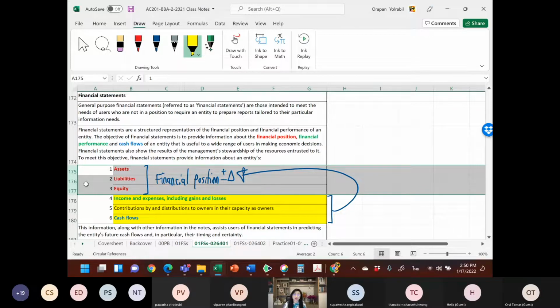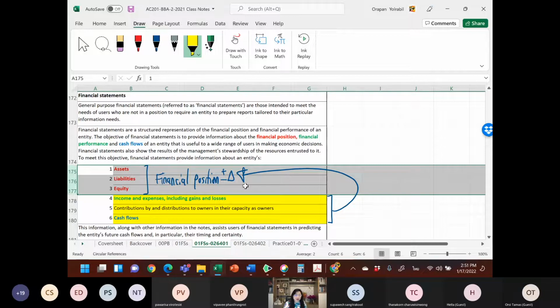So things could change. Now, in the financial position, you may have a positive change, meaning you get stronger financially. Or you may have a reduction, or negative change in the financial position, meaning that you get weaker financially, all right?